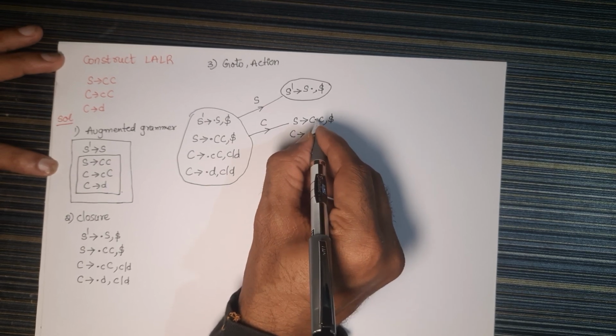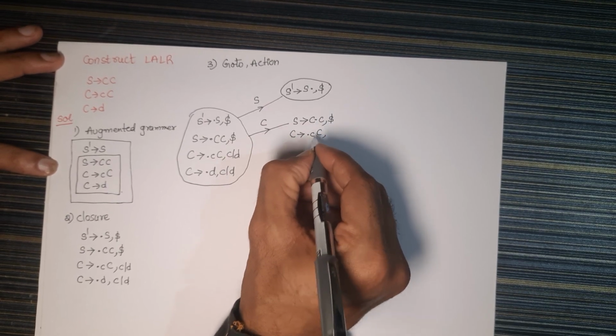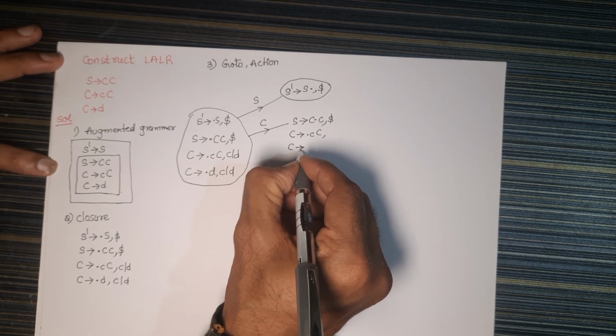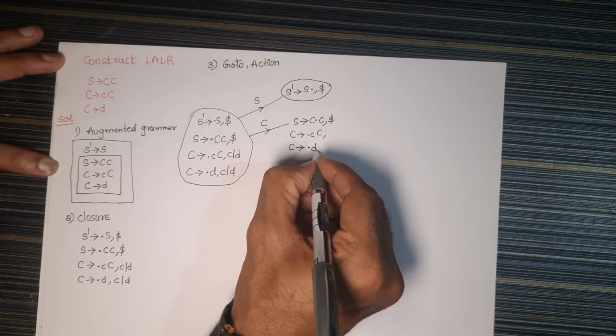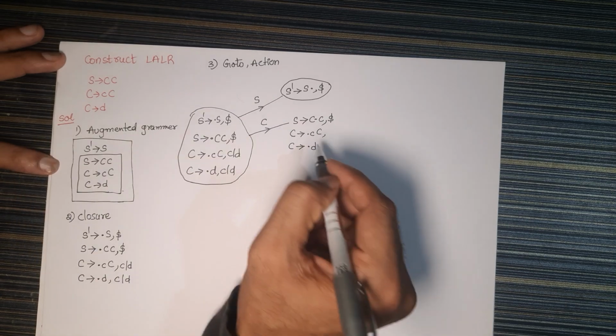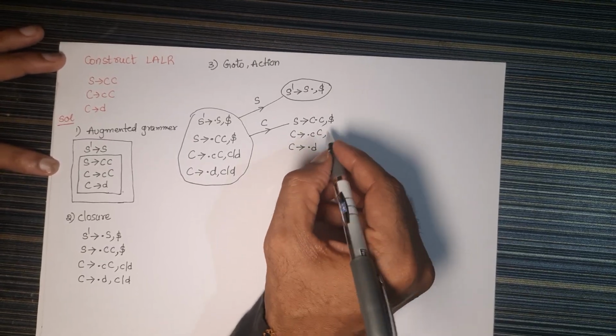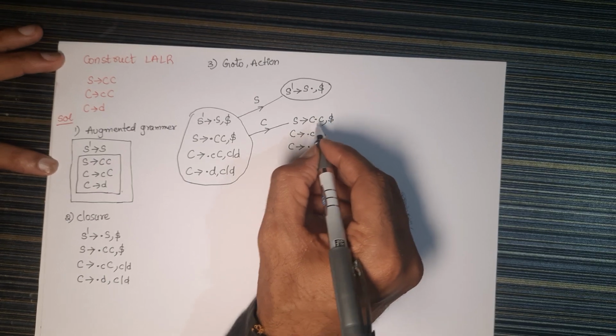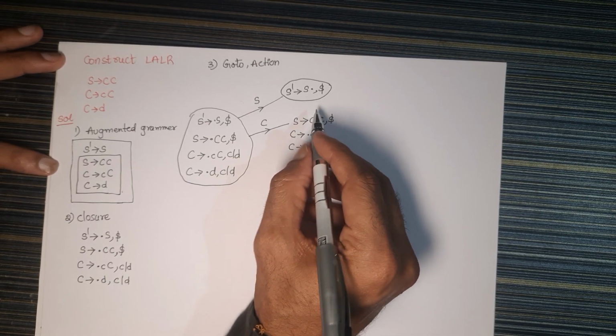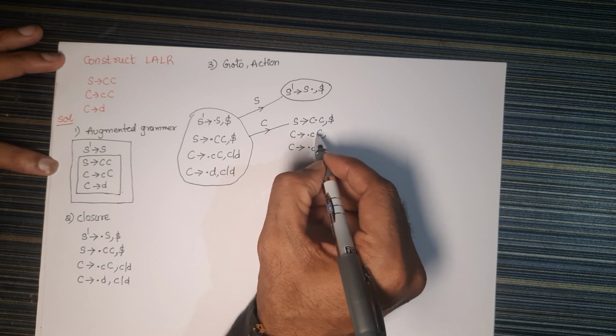So for this C we write C → .cC as well as C → .d, and these values we have written as they are.